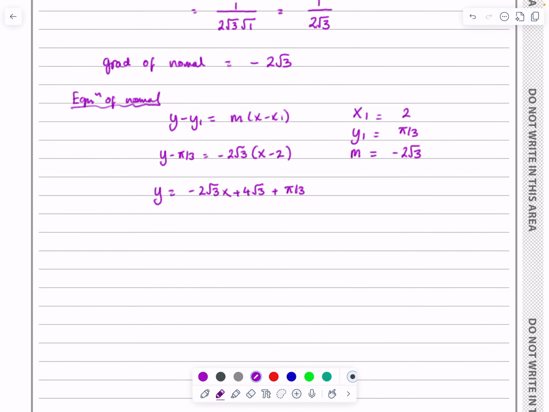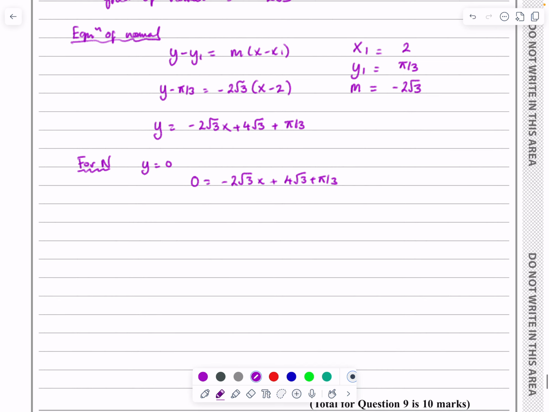Now remember, I want to find n. For n, y is going to be 0. So I get 0 equals -2 root 3 x plus 4 root 3 plus pi over 3. Let's rearrange that to get x: 2 root 3 x equals 4 root 3 plus pi over 3.